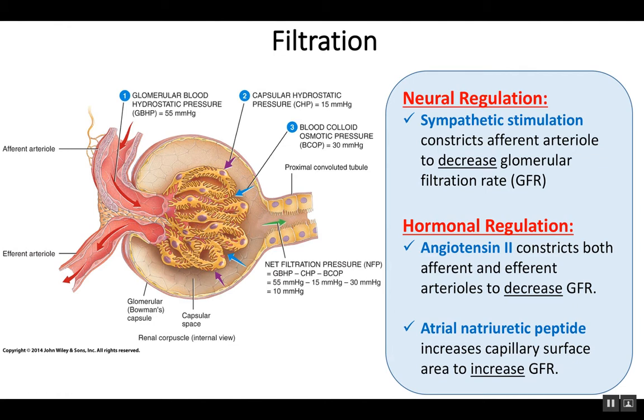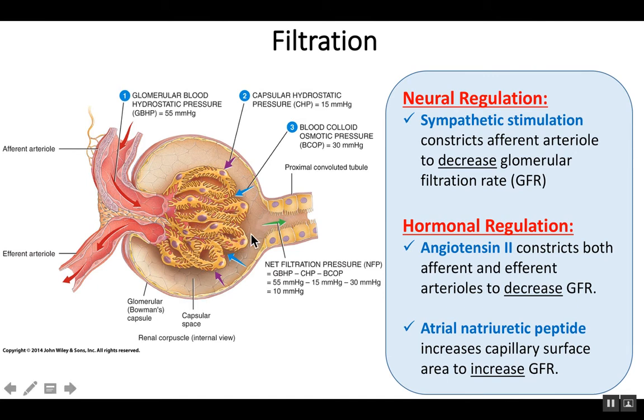So this is one of the reasons why the kidneys get more blood at rest and less blood when you're more active. If you think about when you're really active, like exercising, you have a lot of sympathetic activity. So all these little blood vessels going to all these little nephrons are fairly constricted. That's why you typically don't make a lot of urine when you're exercising.